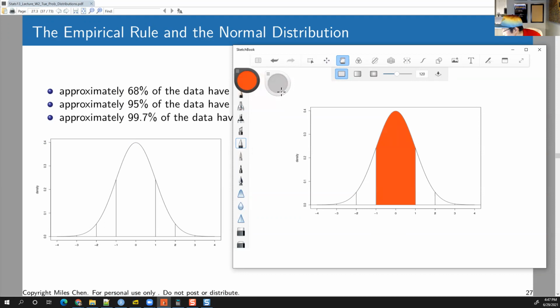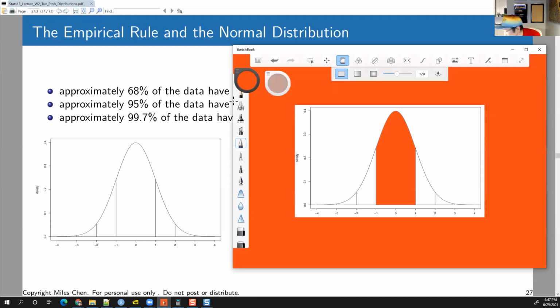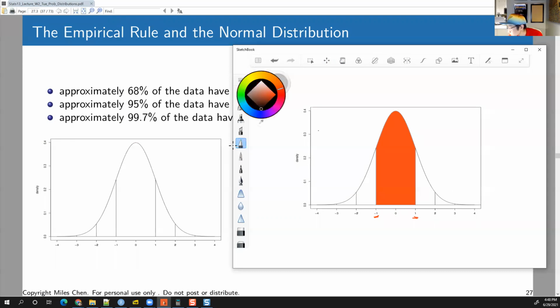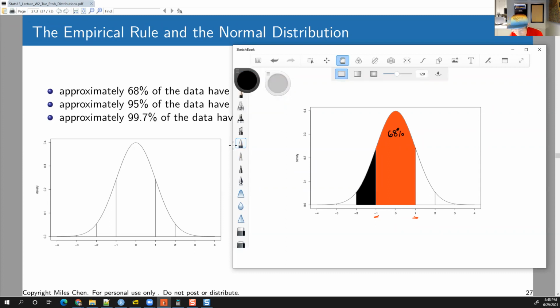So this is from z equal to -1 to 1. If I shade this, again, the total area is 1. This is about 68%. And if I go from -2 to 2, let me pick another color here.